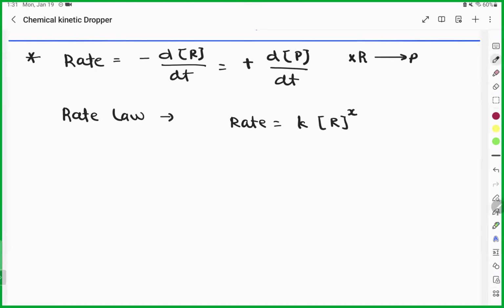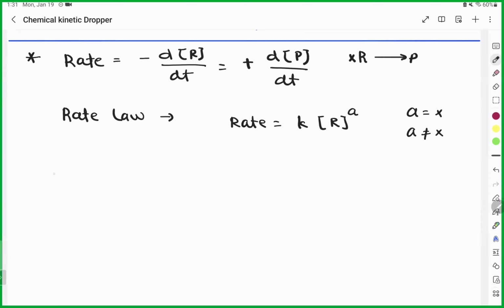But it may or may not be equal to x. That's why I will write some different number a, because a could be equal to x or might not be equal to x, but a can never be greater than x.